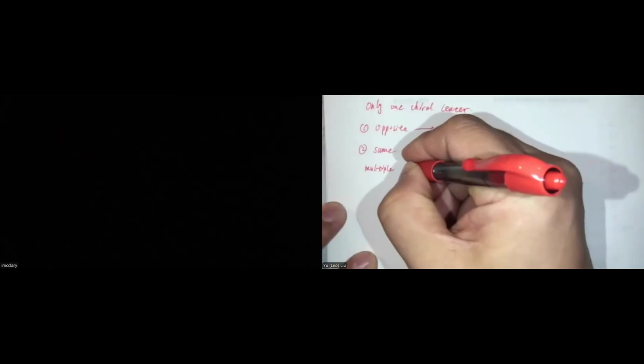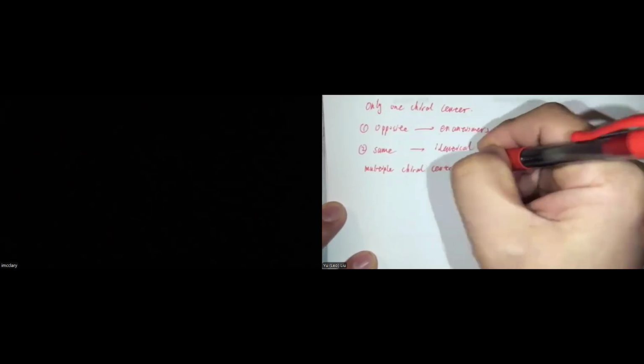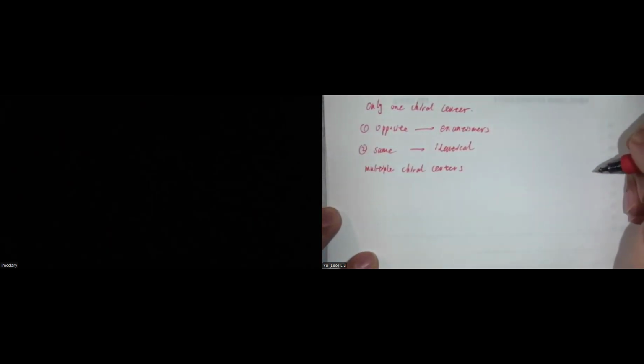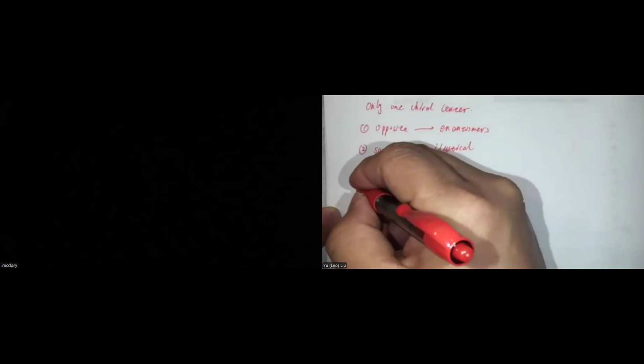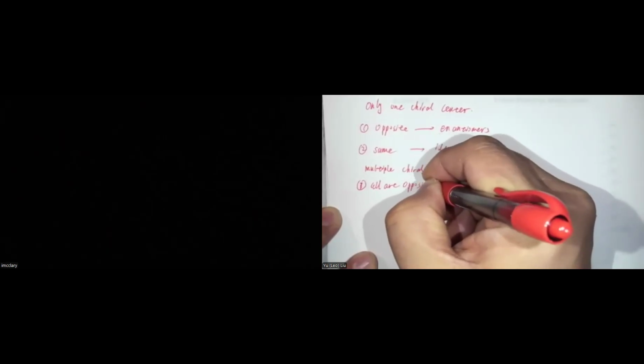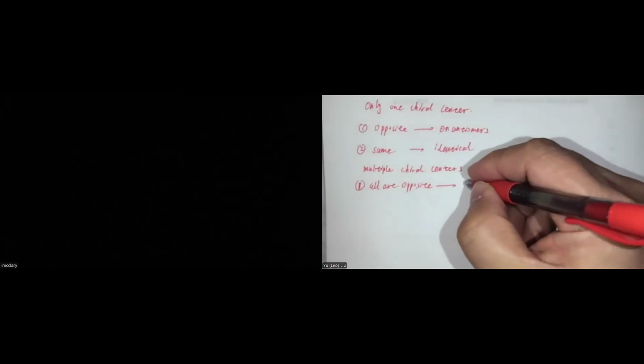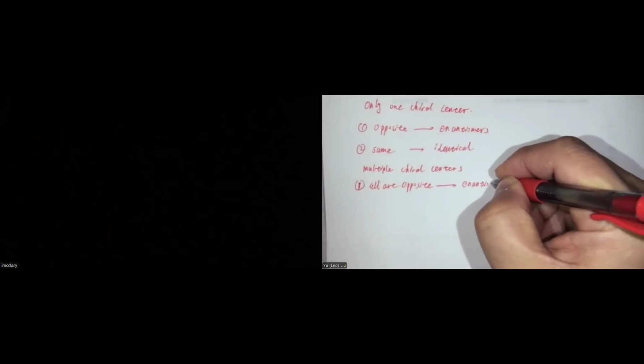More difficult is multiple chiral centers. So with multiple chiral centers, if all are opposite, like I showed in the first example, then these two will be enantiomers.